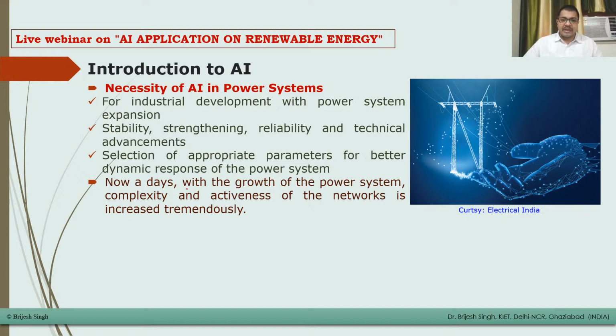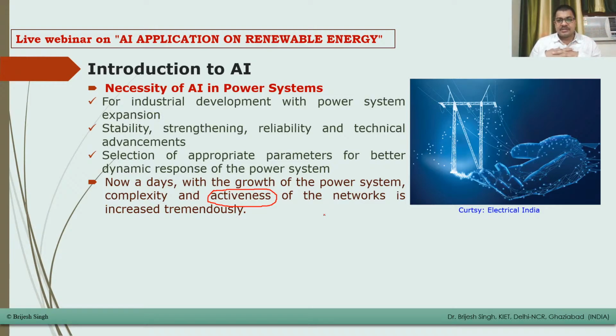If you are talking about the activeness of the network, what does it mean? Initially, before the integration of renewable energy, only the consumers had a fixed pattern, and according to the consumers' pattern, the power generation utilities were scheduling their generators and trying to fulfill the load demand.